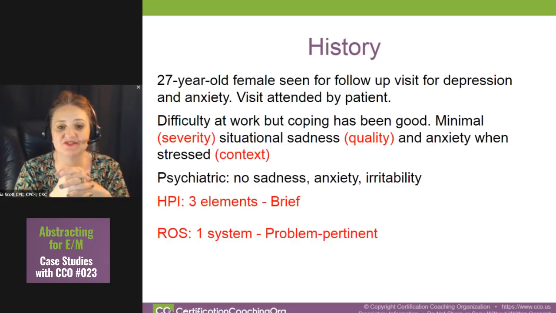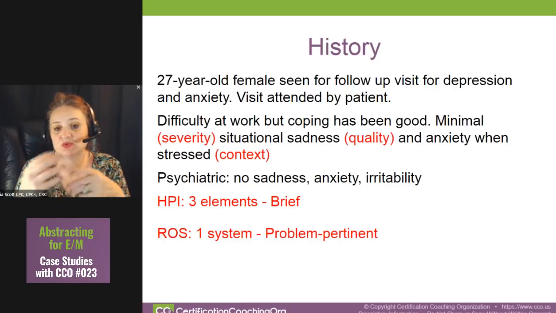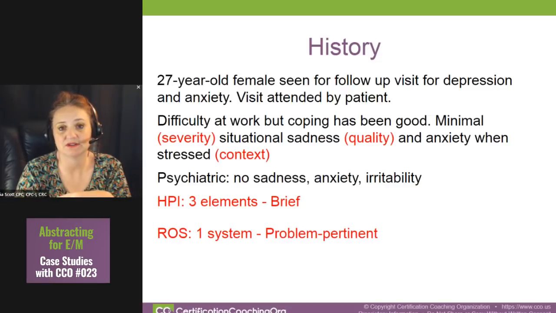So we're going to get our severity: difficult at work, but coping has been good. Okay, minimal situational sadness. So we've got severity and we've got quality, right? And anxiety when stressed. So that's context. Of course, when is the patient most likely stressed? At work, right?